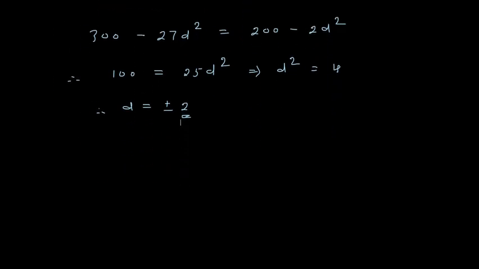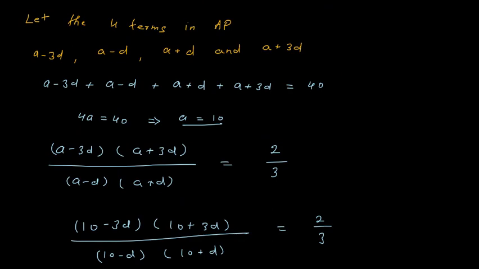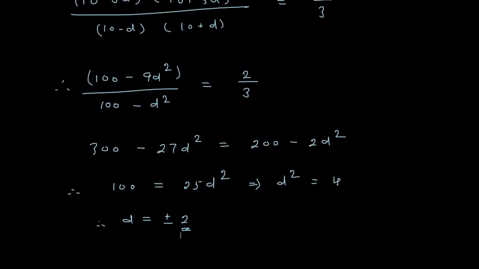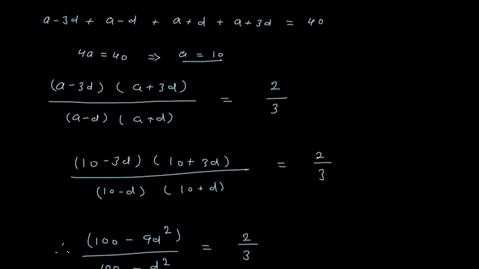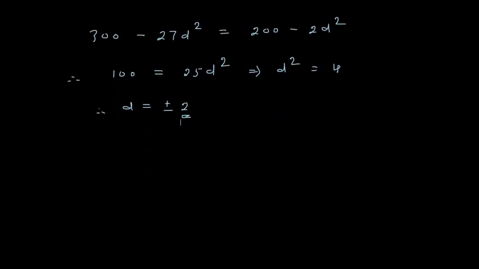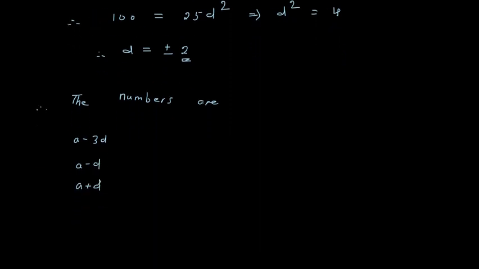Now if we take d as plus 2, we get the value of d and the value of a. Therefore the numbers are a minus 3d, a minus d, a plus d and a plus 3d.